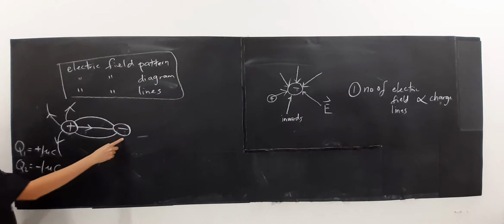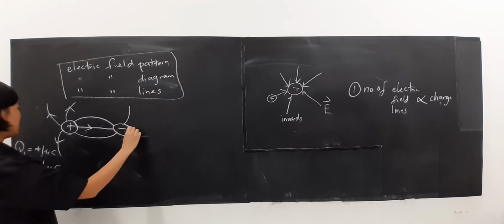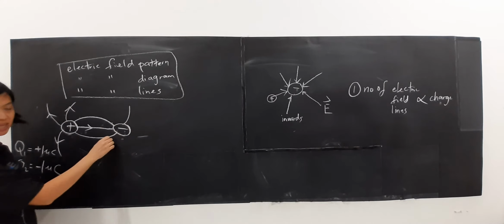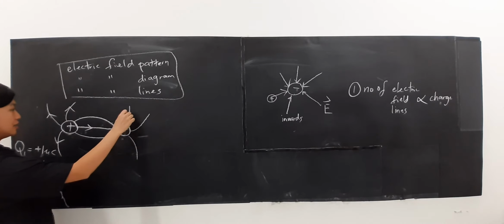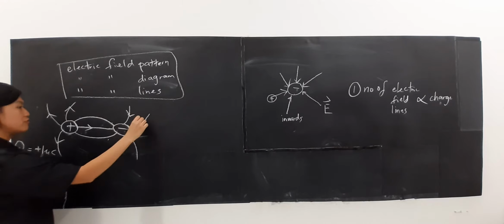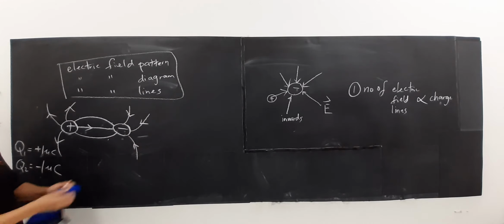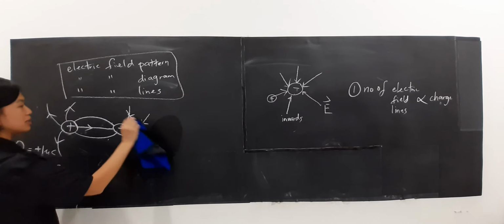And then how about this one? 1, 2, 3. I have to draw another 3. I should draw it properly.